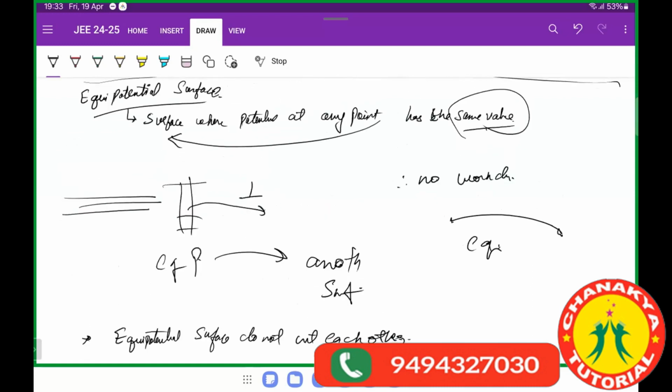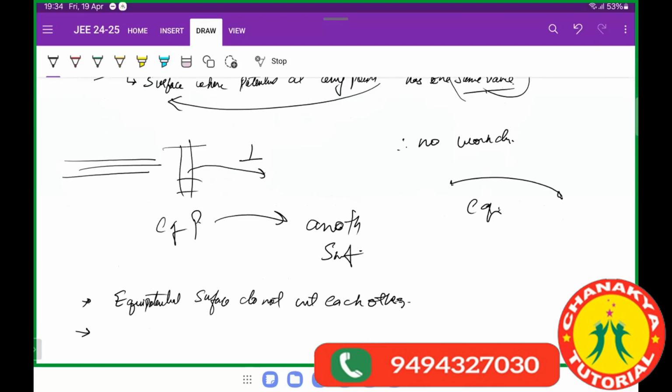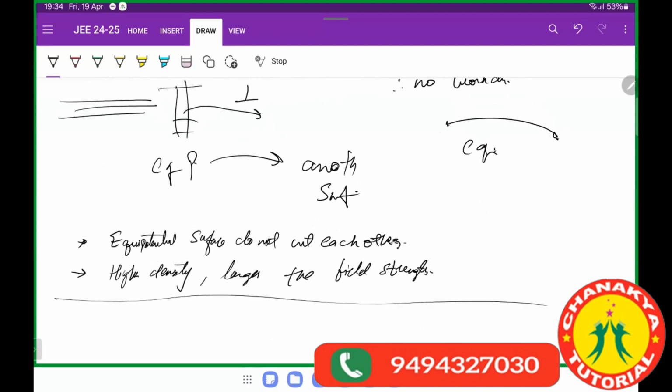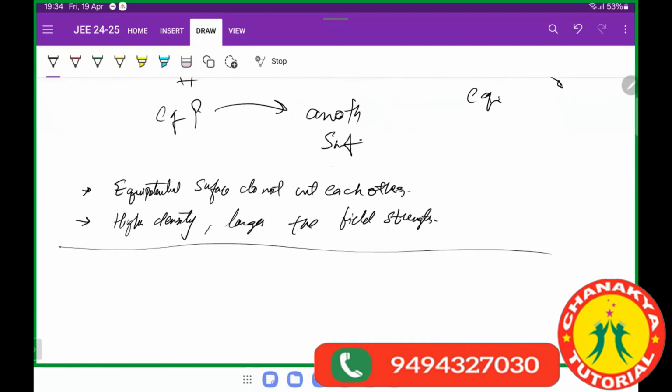Then similar to electric field lines, any other point you remember? Yeah, strength. The higher the density, the larger the field strength. Okay, you know the points, right?